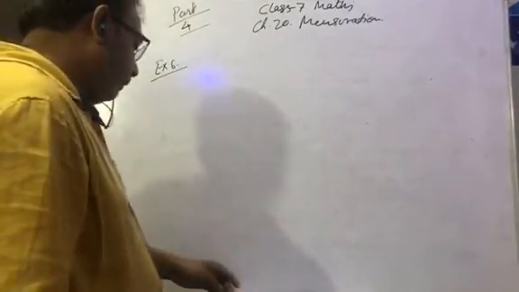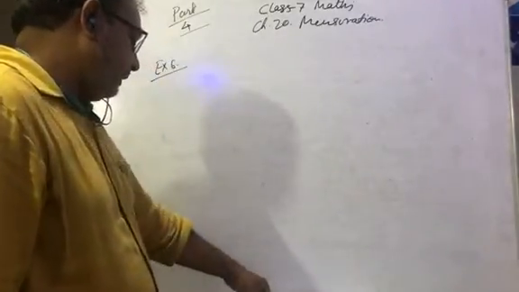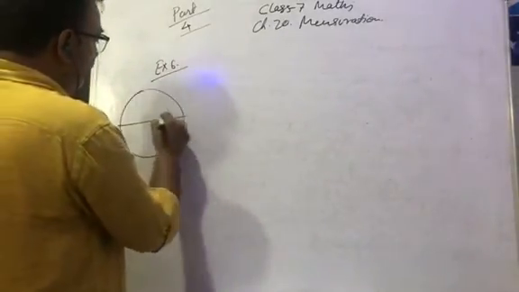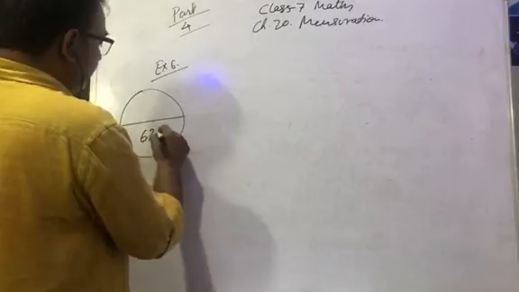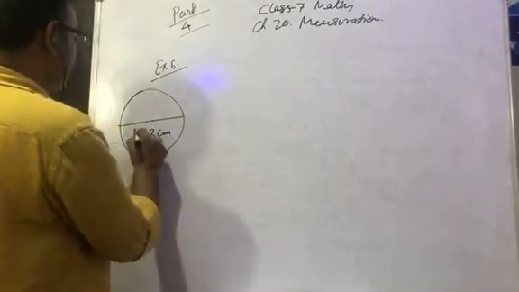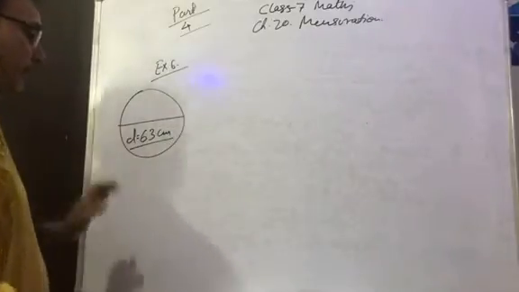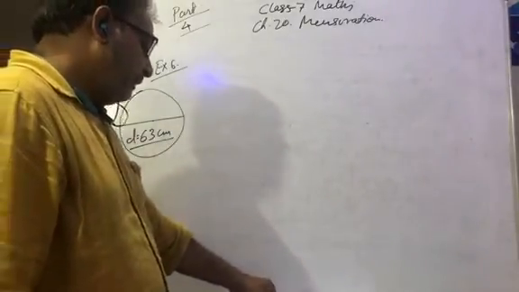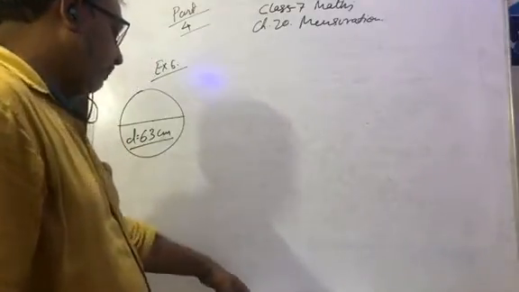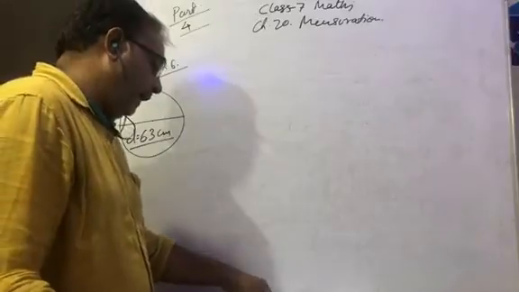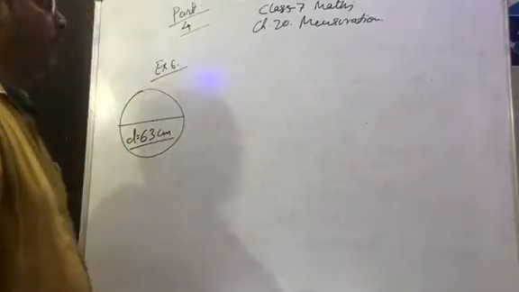Question is, the diameter of a wheel of a car is 63 centimeter. Means D is equal to 63 centimeter. Find the distance traveled by the car during the period in which the wheel takes 1000 revolutions.